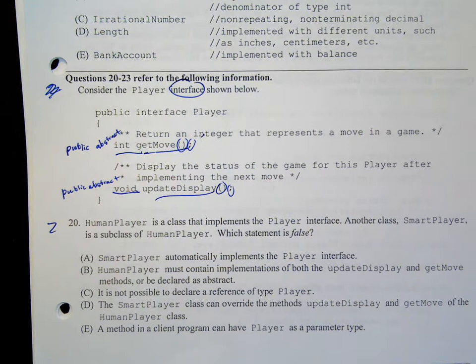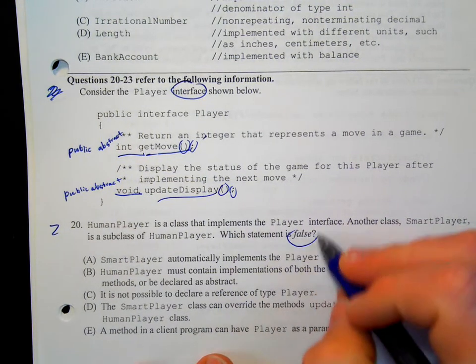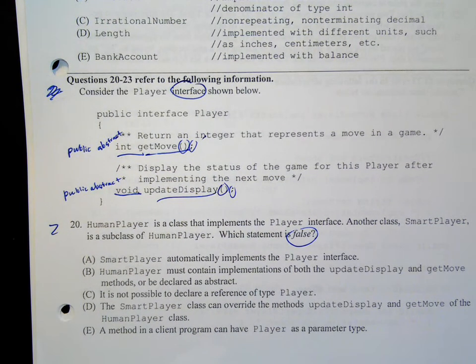Question 20: HumanPlayer is a class that implements the Player interface. Another class, SmartPlayer, is a subclass of HumanPlayer. Which statement is false? SmartPlayer automatically implements the Player interface.